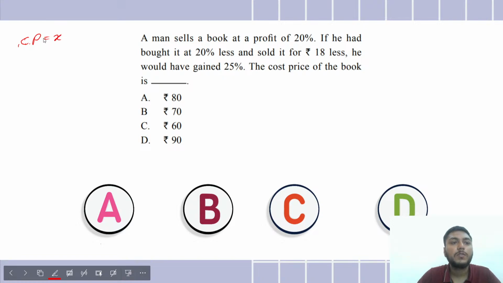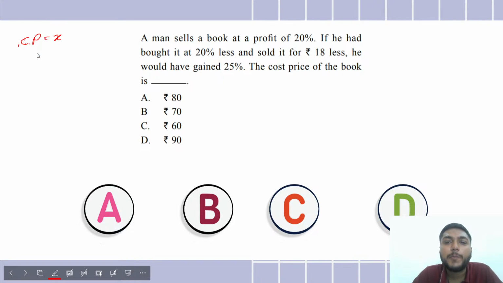We will assume the cost price of this book as X. So now what we will do is, let us say the cost price be 100% of its cost price, right? If we convert this cost price into 100%, so this cost price would be 100% of itself, right?